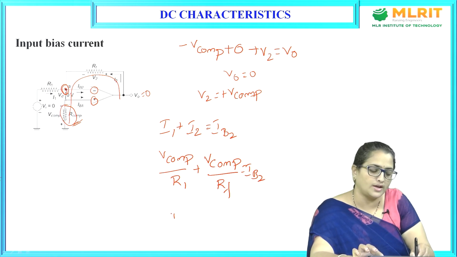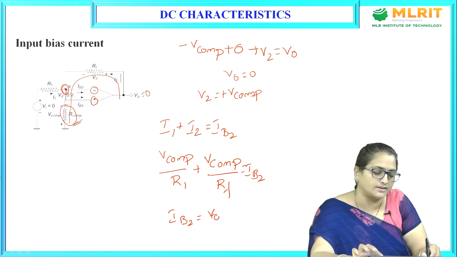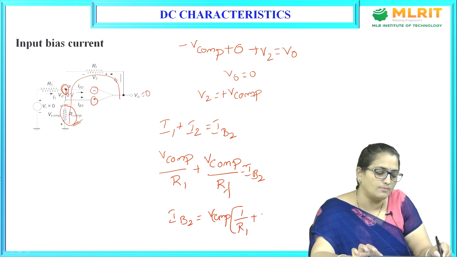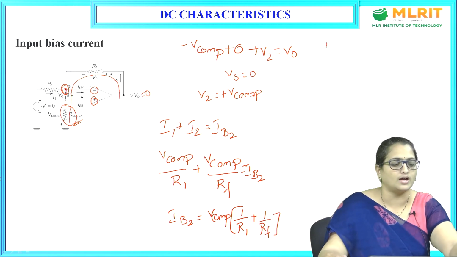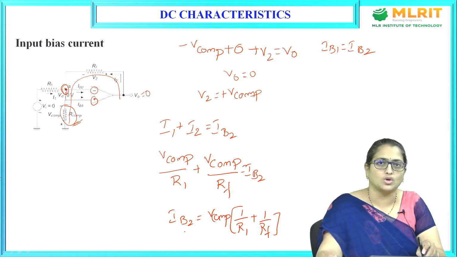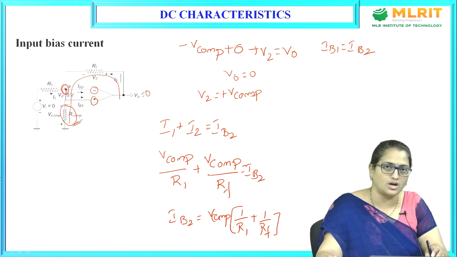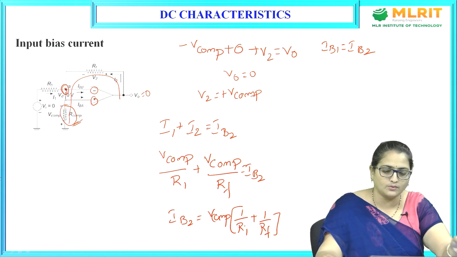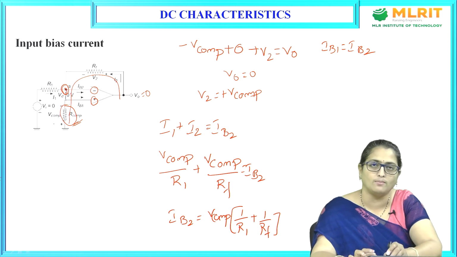So, you can write IB2 is equal to V compensator into 1 by R1 plus 1 by RF. Let us assume that IB1 is equal to IB2. We derived IB2 as V compensator into 1 by R1 plus 1 by RF. But IB1 can be given as V compensator divided by R compensator.